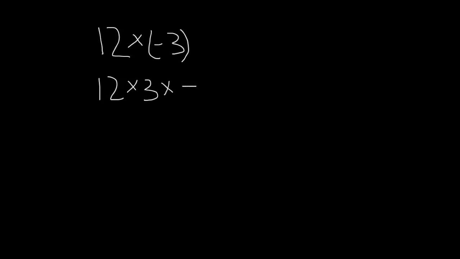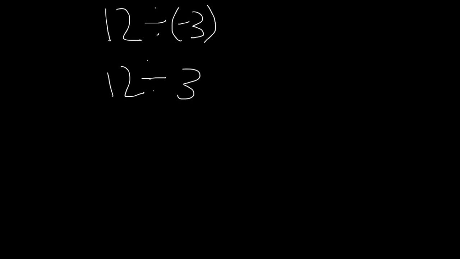Another way of calculating multiplication or division with negative and positive numbers is if you had 12 times negative 3, you can make this into 12 times 3 times negative 1, since negative 1 times anything will make it a negative number. So you could do 12 times 3 first, so 12 times 3 equals 36, then you multiply the negative 1 after, so it will equal negative 36.